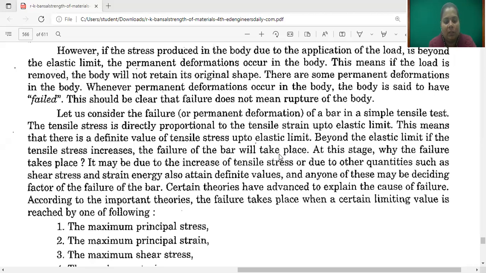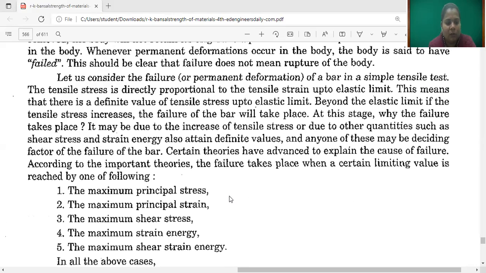According to the important theories, the failure takes place when a certain limiting value is reached by one of the following.